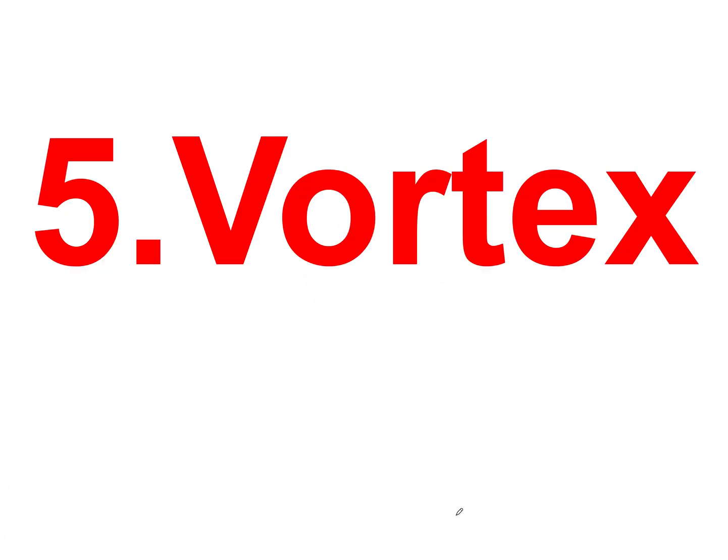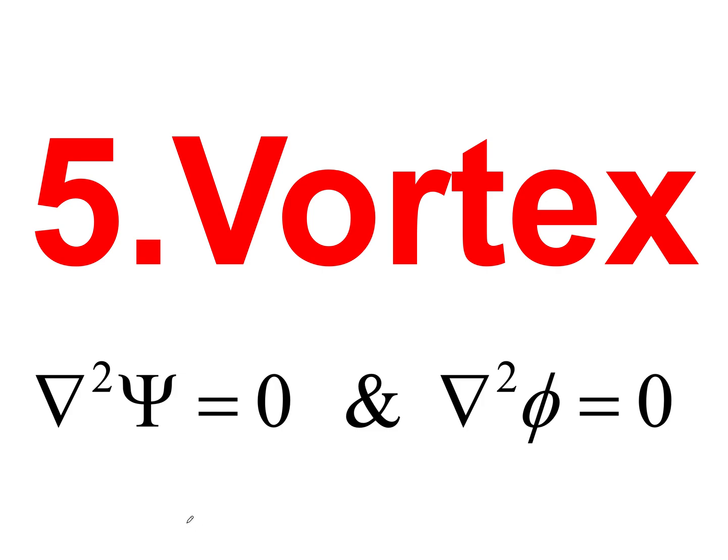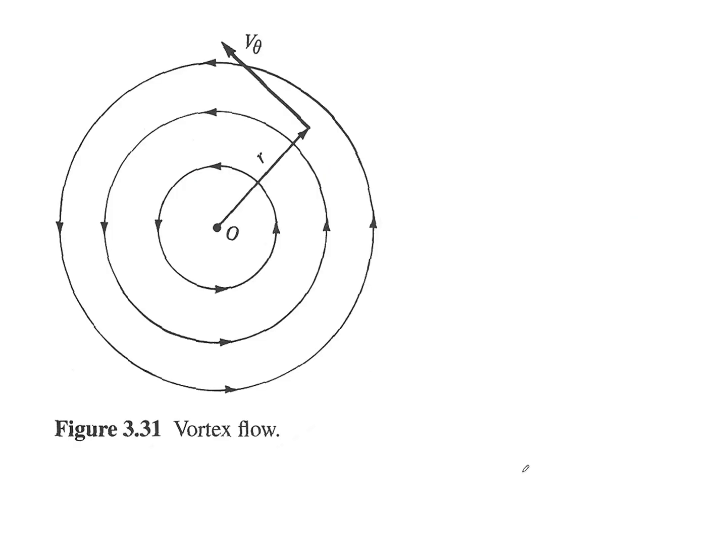The last elementary solution we are going to look at for the potential flow is the vortex flow. And the vortex flow, as you can imagine, is just a rotational type of flow, as the word suggests, and it would satisfy the two Laplacian equations, the curl-free and the divergence-free velocity fields. So here's the vortex flow, and you'll see it's purely tangential in velocity.